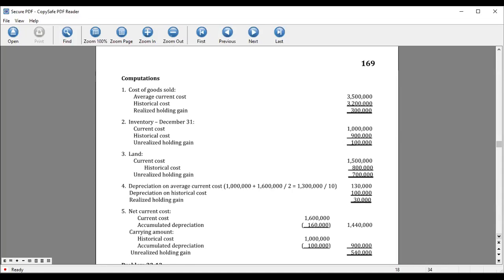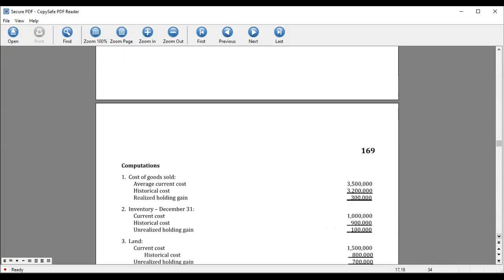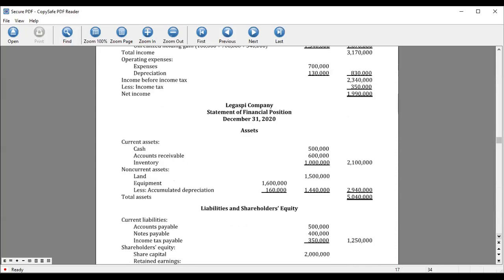Then we have 30,000, 330,000. You have your total of numbers 1 and number 4. For the unrealized, we have 100,000 and 700,000. That's 800,000 plus 540, so 1,340,000 for the unrealized holding gain.